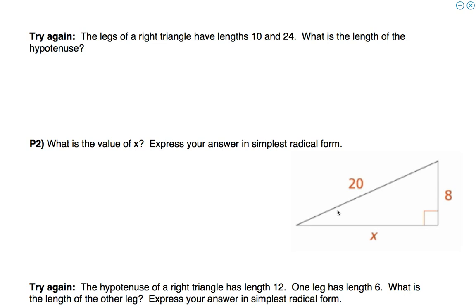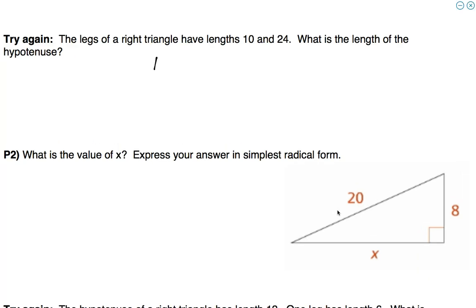The legs of a right triangle have lengths 10 and 24. What is the length of the hypotenuse? So 10 squared plus 24 squared equals c squared. So this is 100 plus 576.